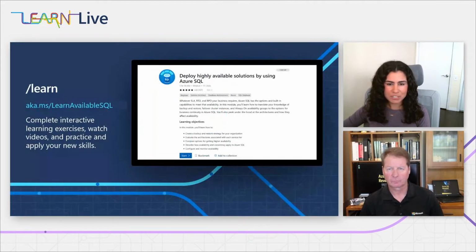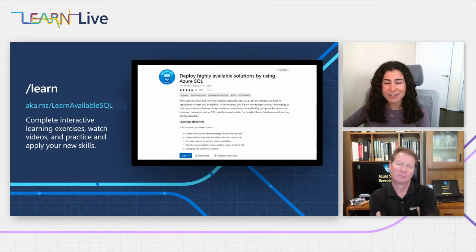But today, like Bob mentioned, we're going to be talking about the availability module, and you can find that at the link aka.ms/learn Azure SQL. This is a really great resource because it allows you to get hands-on with Azure SQL services and other Microsoft services for free for a limited amount of time, but as many times as you want, essentially. So definitely go check that out afterwards. Most of the demos you see today are coming straight out of this Microsoft Learn module.